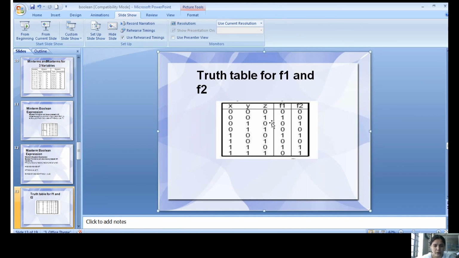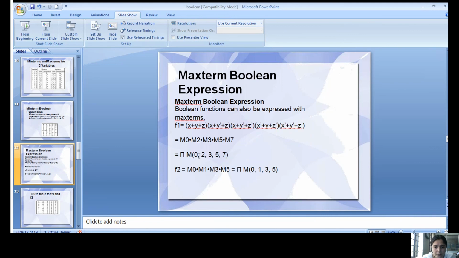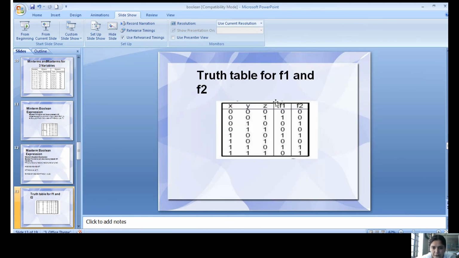But here we will be writing 0. So for F1, at decimal 0 it is 0, at 2 it is 0, at 3 it is 0, at 5 it is 0 and at 7 it is 0. There we used to write 1, here we will be writing 0.